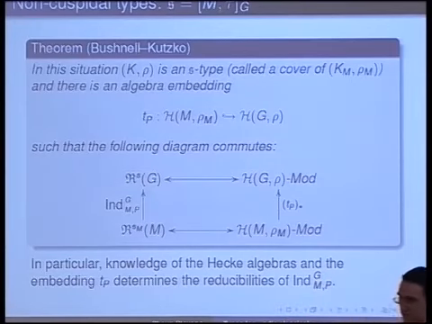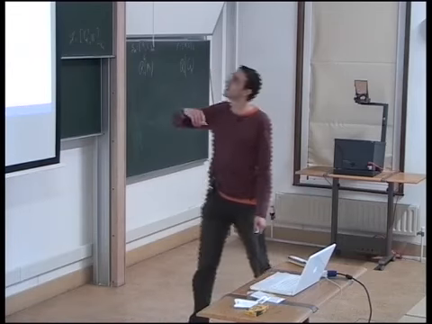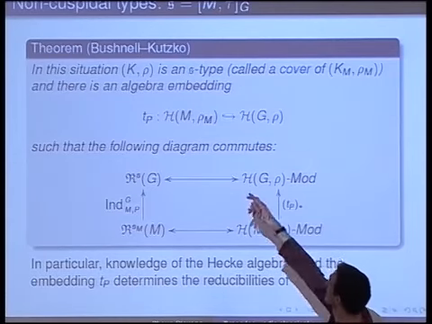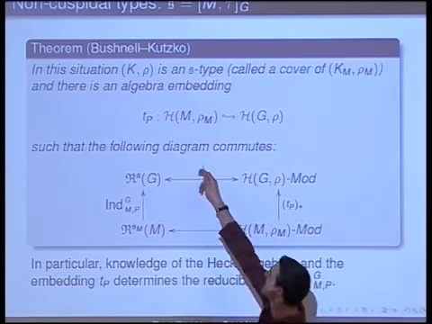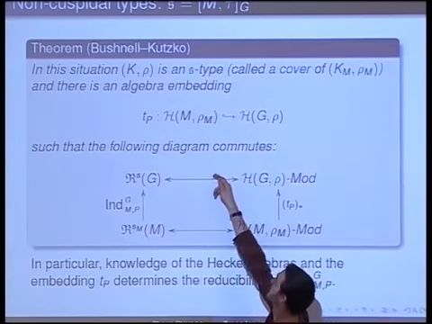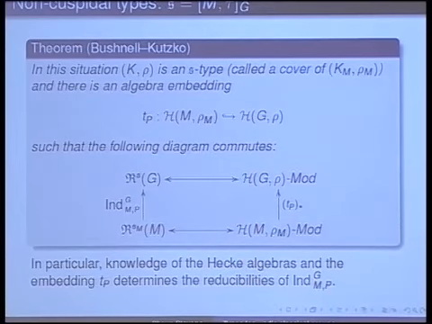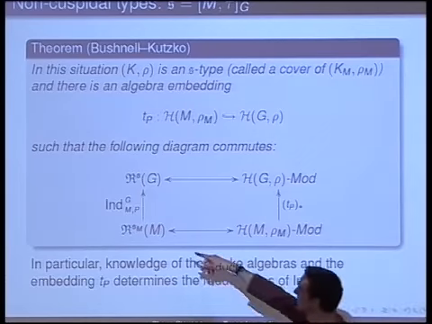And so the theorem is that in this situation, this K and rho that we built with these special properties is a type of the right thing. It's called a cover of what we started with. There's an algebra embedding, in fact, and this is where you need this last property, to build this algebra embedding of the Hecke algebras, such that this diagram here commutes.